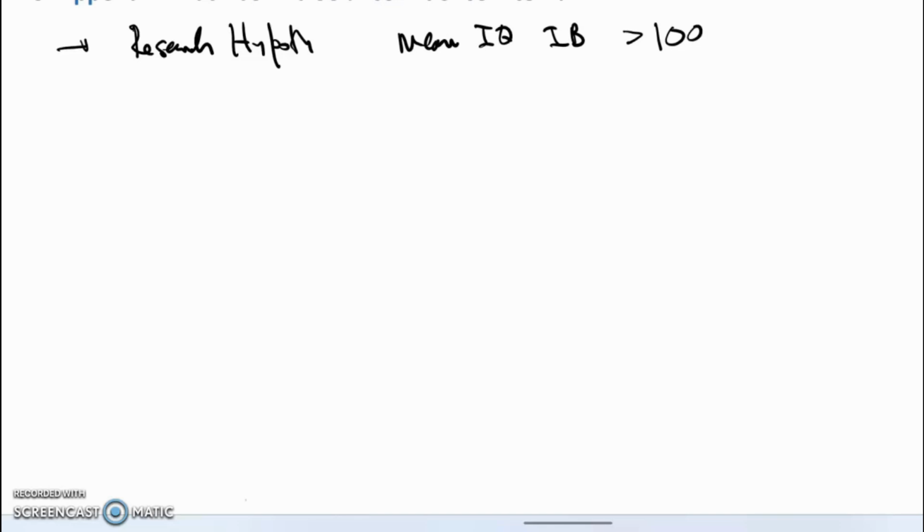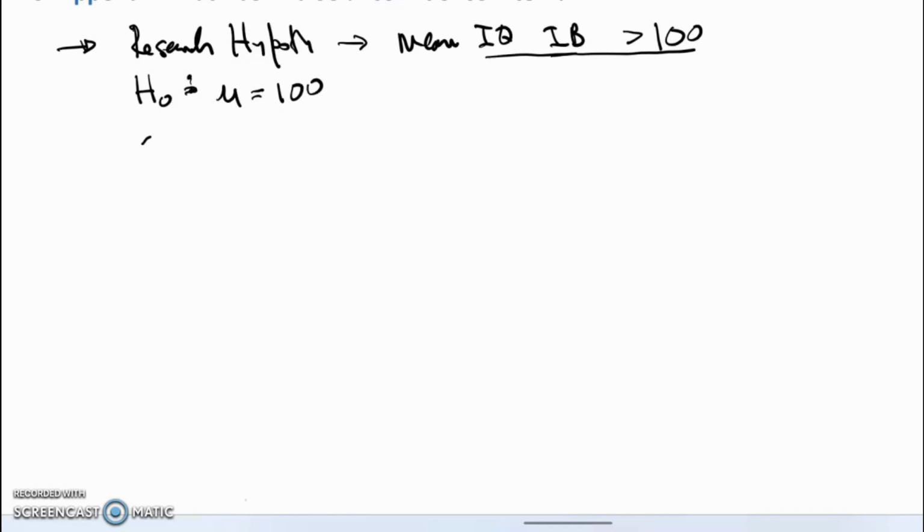So that's the research hypothesis. So the first thing that the frequentist does, if they're going to try to come up with a p-value, is that they posit a null hypothesis that contradicts the research hypothesis. So the null hypothesis is not that the IQ is greater than 100. The null hypothesis is the mean IQ is going to be equal to 100.